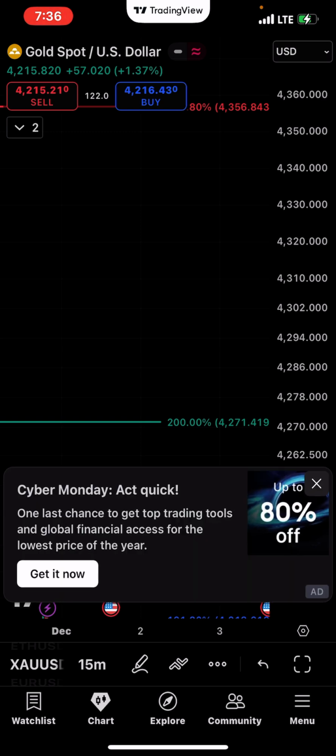Then the third one to complement it is the moving average, but that only works in a strong trend. If a market is ranging, going up and down, going up and down, you may get confused using the moving average.